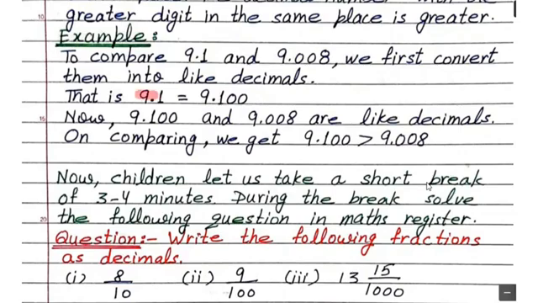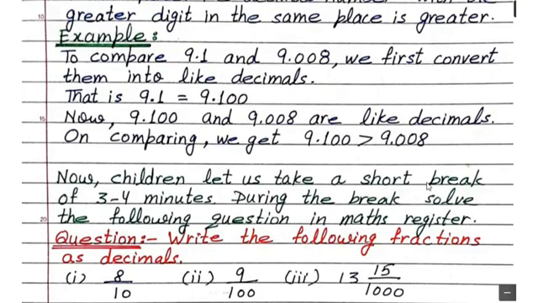So, 9.1 is equal to 9.100, right? Now, let us compare 9.100 and 9.008. It is very clear that 9.100 is greater than 9.008. I hope you all have understood this now.